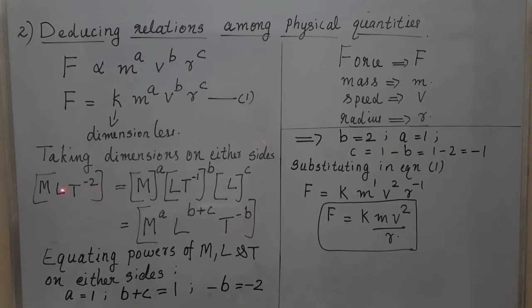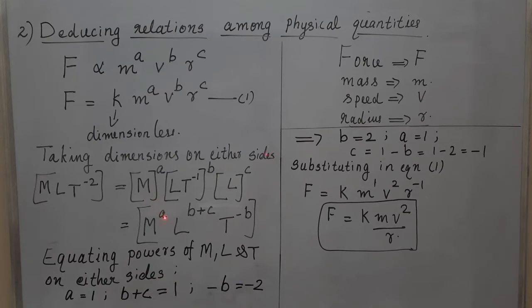As per the principle of homogeneity of dimensions, the fundamental quantities should have the same dimensions on either side. That means the powers of M, L and T should be the same on either side. So we can equate the powers of M, L and T on either side.